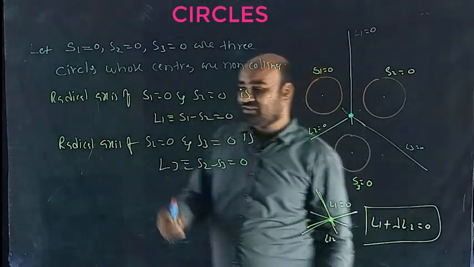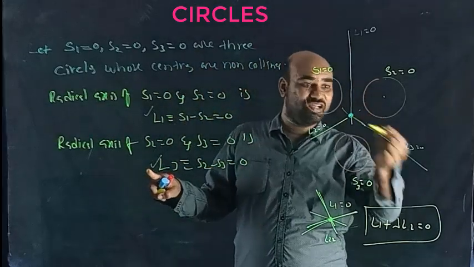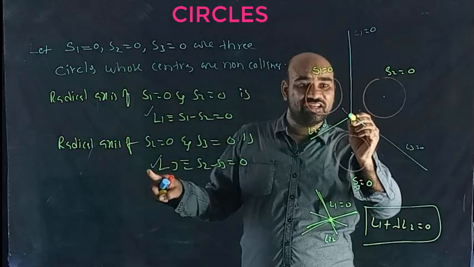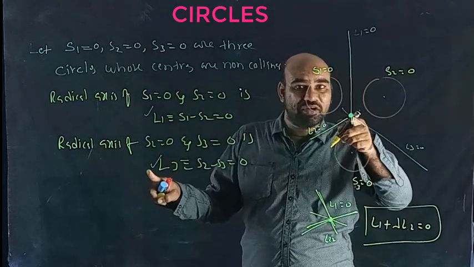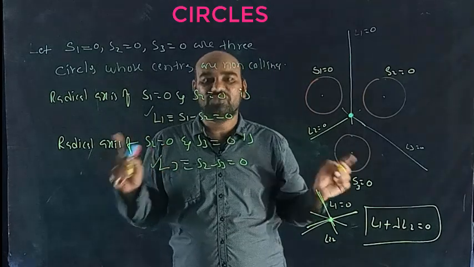Similarly, L1 is one straight line, L3 is another straight line, and they intersect at some point. Through this point you can draw infinitely many lines. All the lines should have the form L1 plus lambda L3 equal to 0.